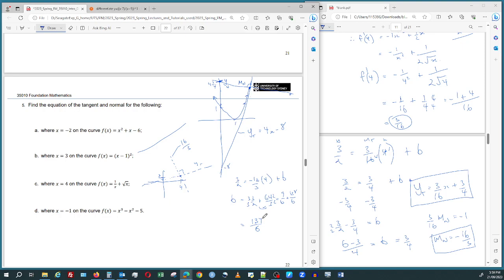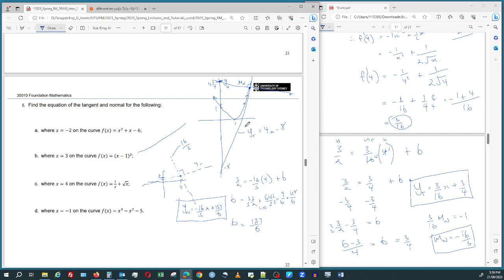That's 12, but it doesn't go into 17, so b is this. So yn, this one here, yn is equal to minus 16 on 3 x plus 137 over 6.